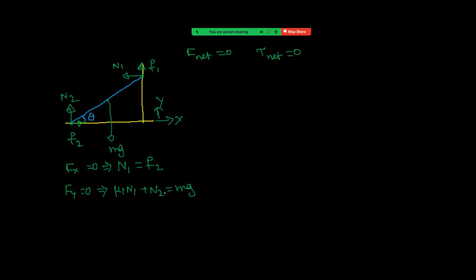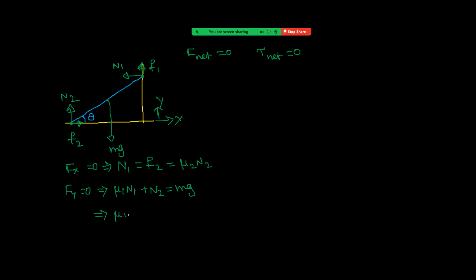Now see what we can do. Here we have to calculate N2. So in the place of N1, see what I can write. F2 is nothing but mu2 into N2. So now I am using that result in this equation, in the place of N1, writing mu2 N2.